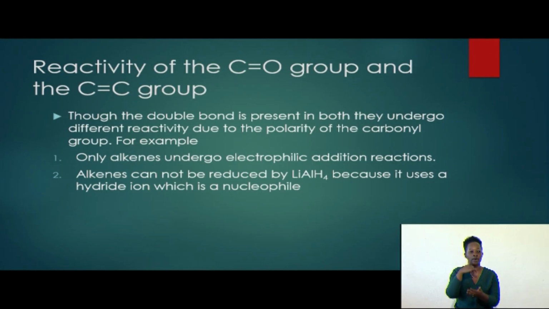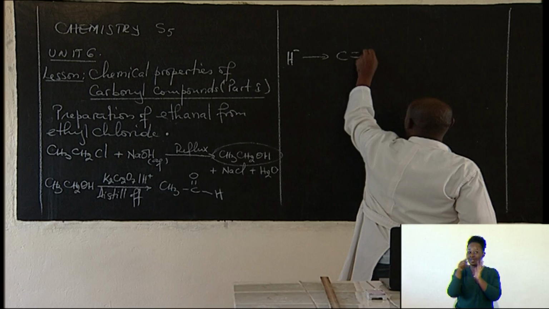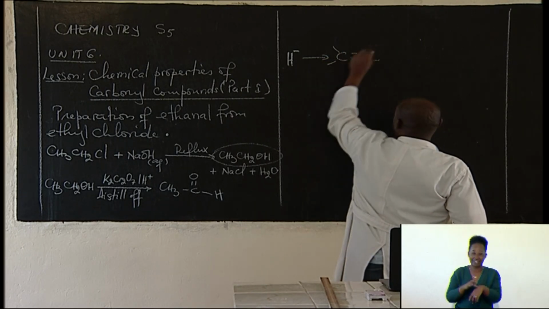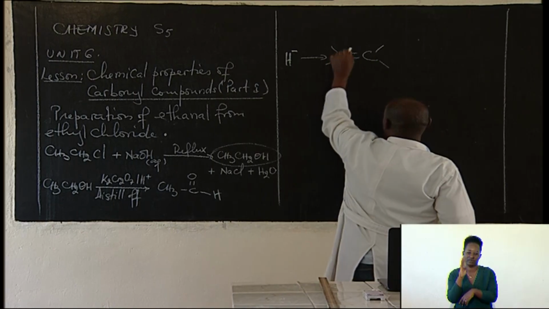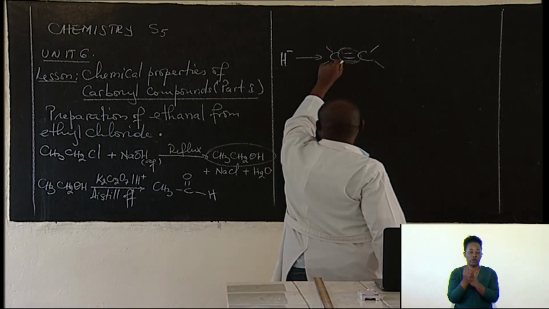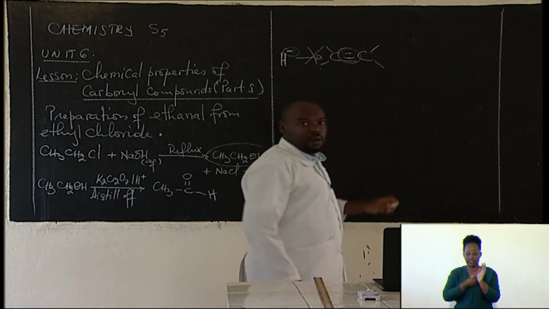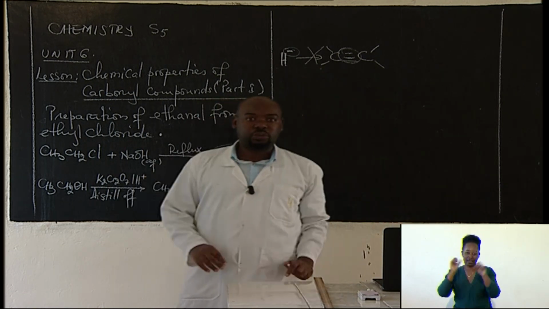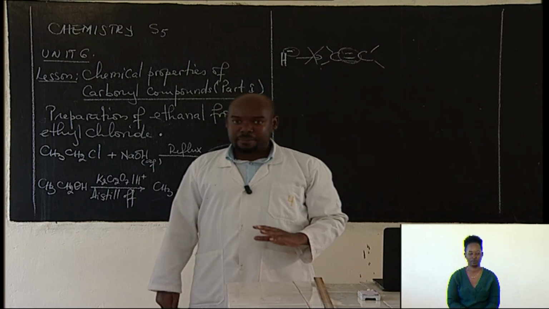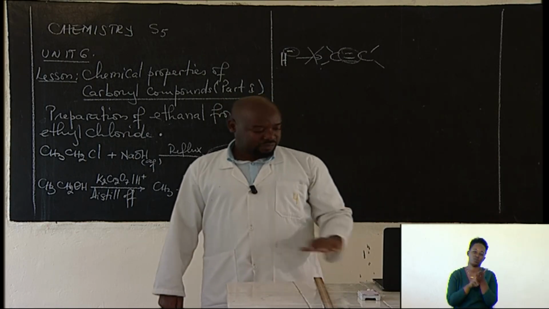Because the hydride which is used is negative, the hydride ion. So the hydride ion cannot attack the carbon-carbon double bond because here we have a high density of negative charges. This one is also negative, so the attack is not possible. It is totally impossible. So we cannot use that one. Clear?